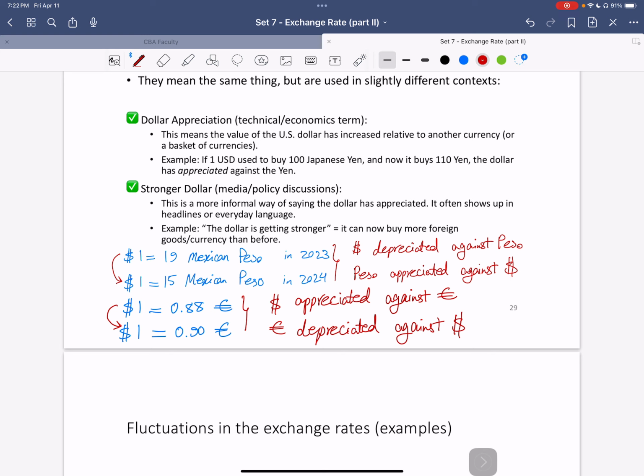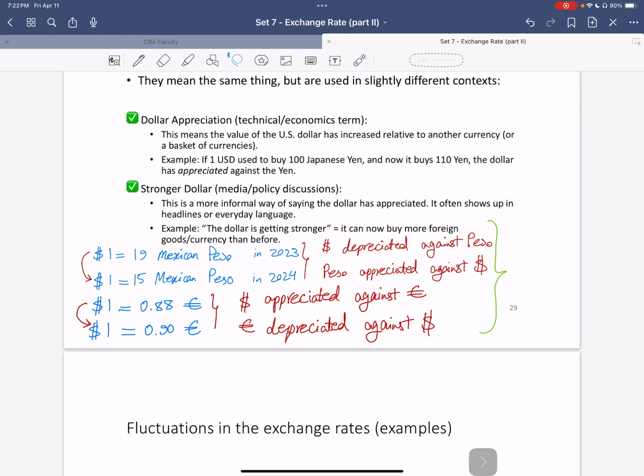So you see, we do not have the same rate all the time. The nominal exchange rate is always fluctuating. Okay, we see fluctuations in price of currencies.